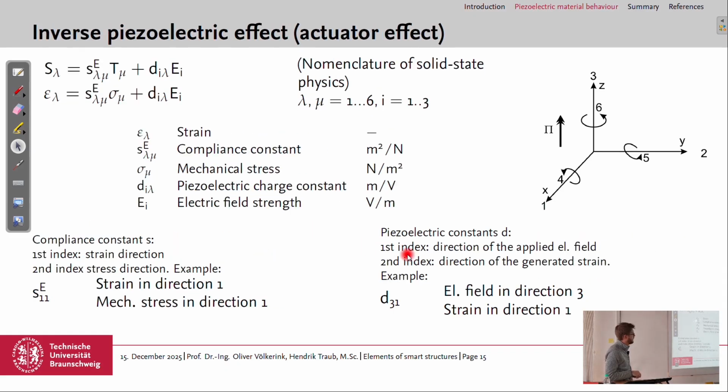The direction of the applied electric field is the first index. So in the 1 direction we have the electric field, and in the 5 direction, or 4 or 5, we have the generated strains. So it would be shear in this or that plane. But you won't need it for the exam. So from now on we really focus on the D33 and D31 effects for the transducers.